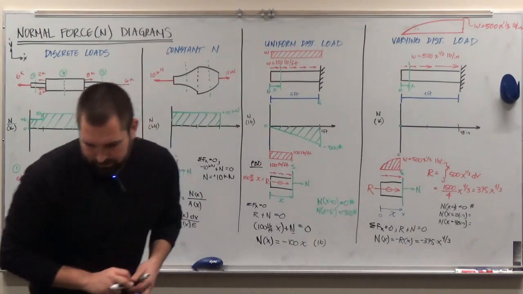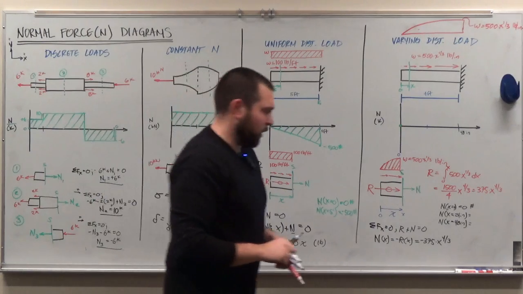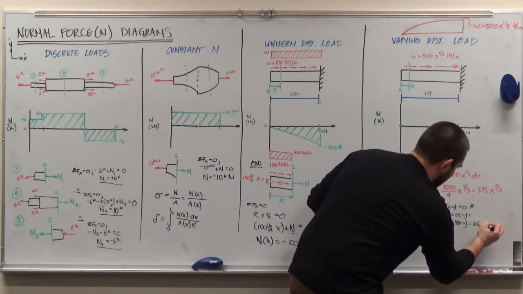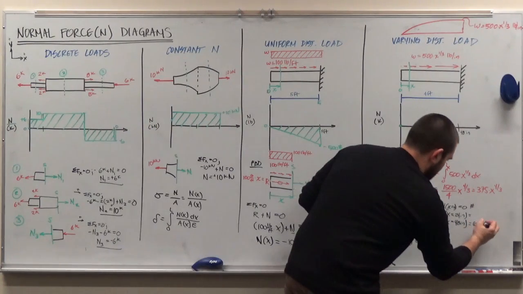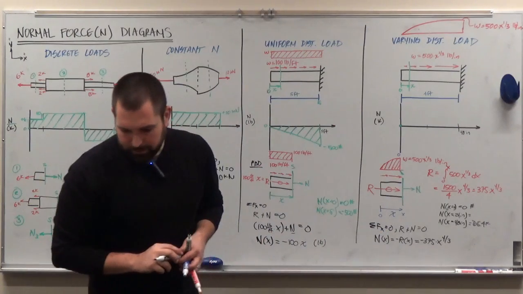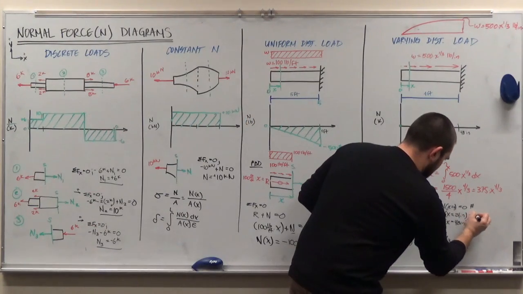All right, I have those numbers tabulated here. At 48 inches, it's 65,416 pounds, or 65.4 kips. And that'll be negative. And at 24 inches, we have negative 10.3 kips.